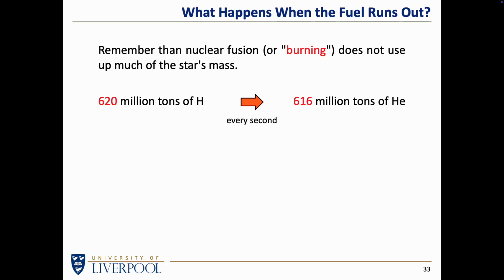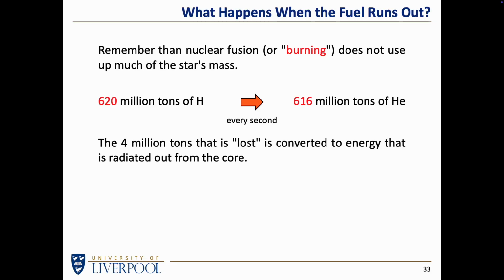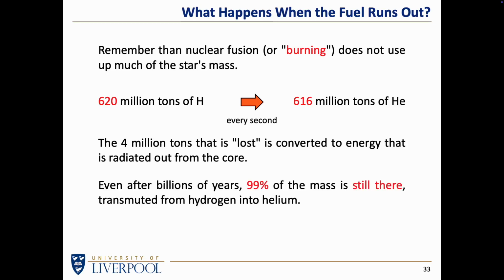For the Sun, 620 million tons of hydrogen is converted into 616 million tons of helium, and the 4 million tons that is lost, E equals mc squared, 4 million tons of mass multiplied by the speed of light squared, gives you all the energy that the Sun emits in 1 second. So fusion of hydrogen into helium is actually very inefficient, in the sense that it's only efficient by 0.7%.